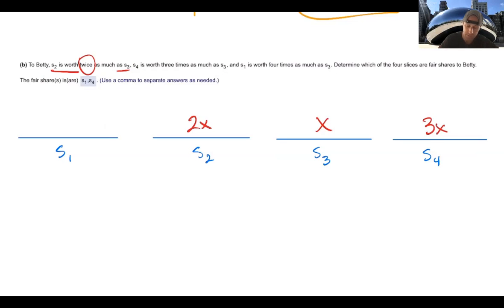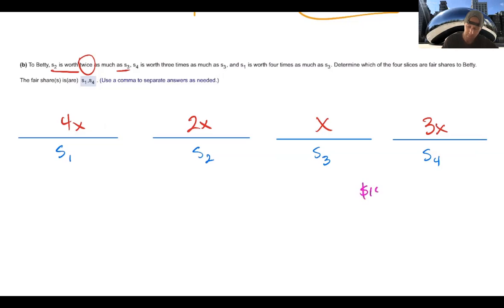And then lastly, they tell us something about S1. It is 4 times as much as S3. So again, 4 times that, which we called X. There it is. And remember at the beginning, they told us that it was worth $15. So that same fair share, that's not going to change.